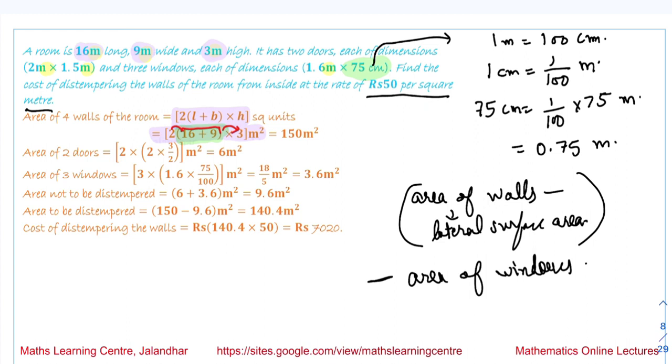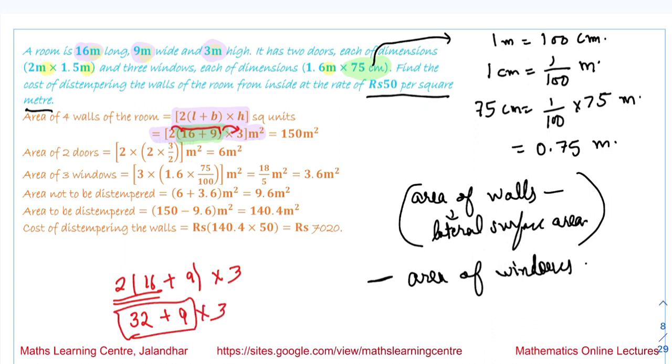Why am I telling you this? Because sometimes we commit the mistake of doing 16 into 2, which is 32, and then adding 9, but this is wrong. What we have to do is 2 into (16 plus 9) into 3.